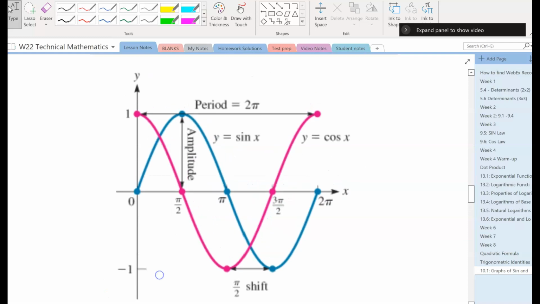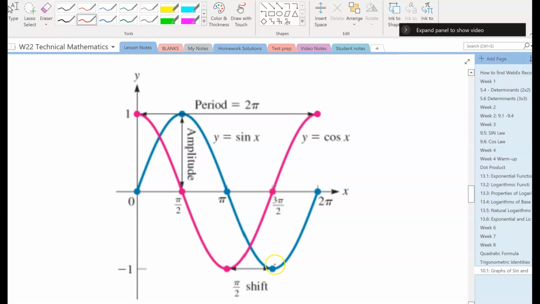So the period, this is pointing at the cosine one in pink. The period is 2 pi. The amplitude is shown there, or half the distance between a max and min. And this key point of min right here is a difference of pi over 2, so a shift.